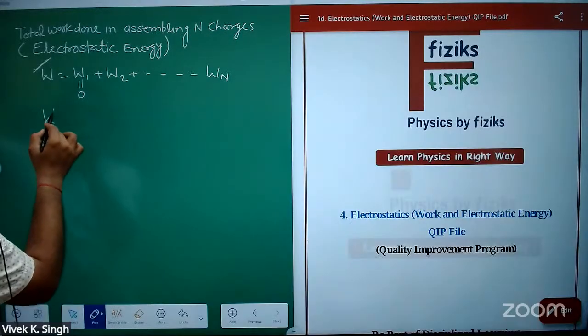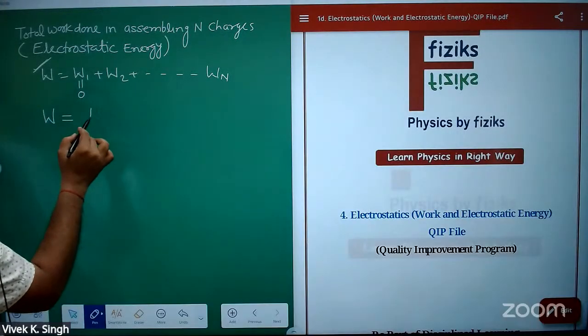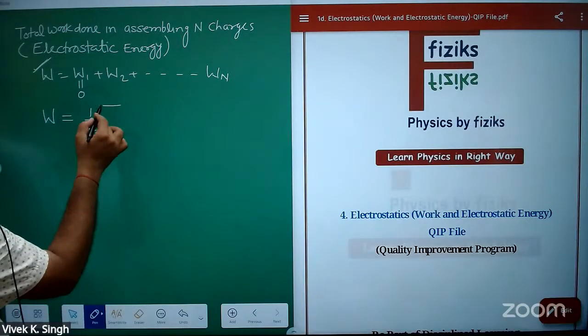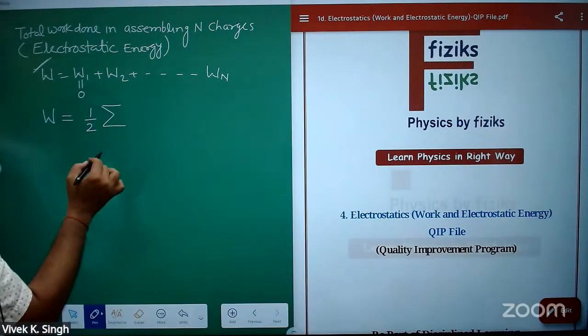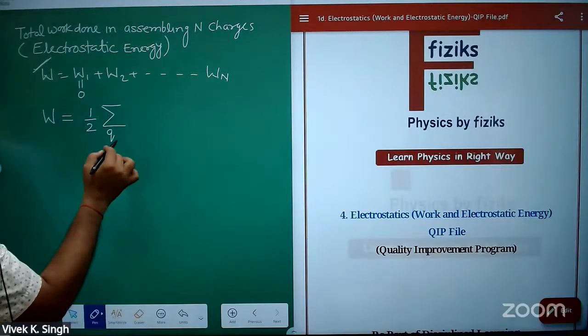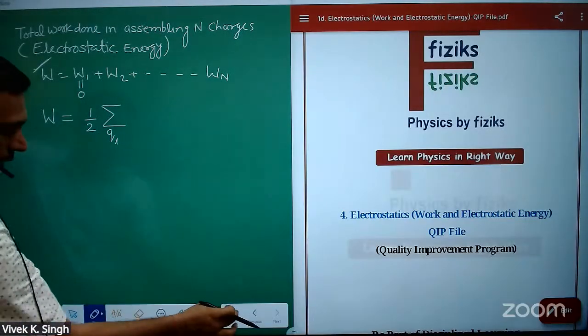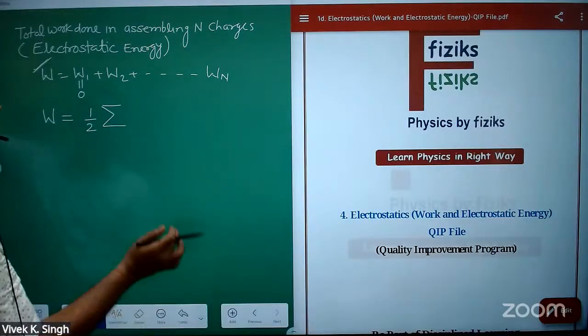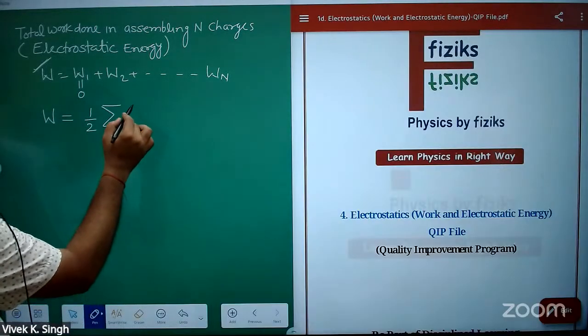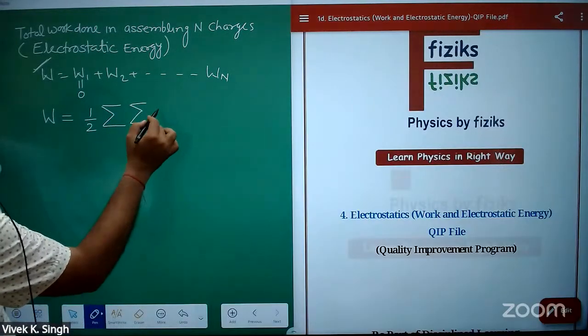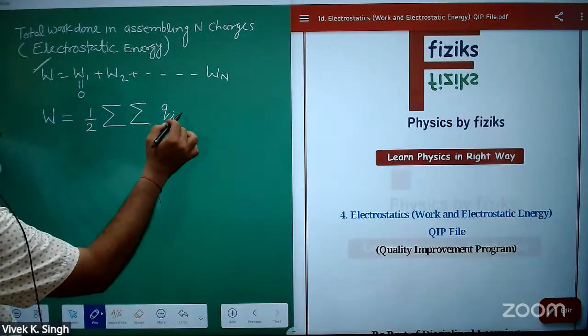And we can write this as 1 by 2 summation over i of Qi.